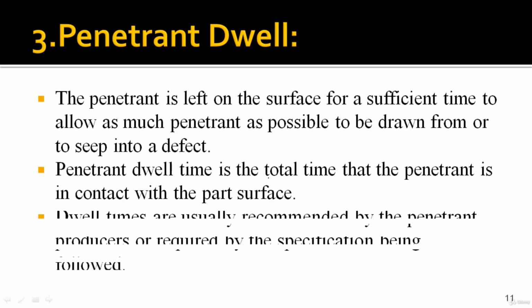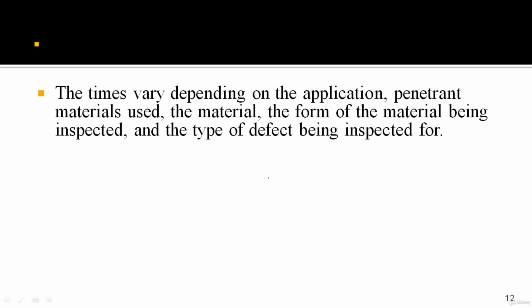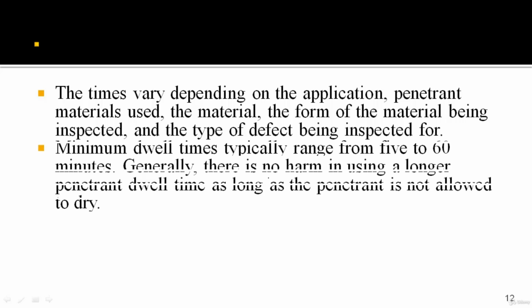How much time? Dwell times are usually recommended by the penetrant producers or required by the specification being followed. Whichever type of penetrant you are using, they will suggest how much time it will require. The times vary depending on the application, the penetrant material used, the form of the material being inspected, and the type of defect being inspected for.